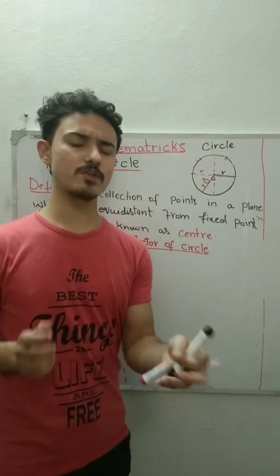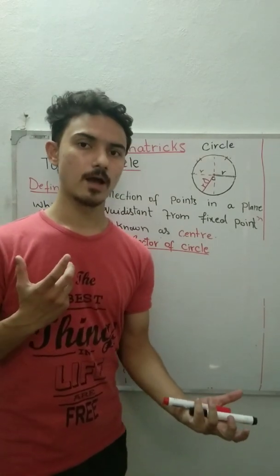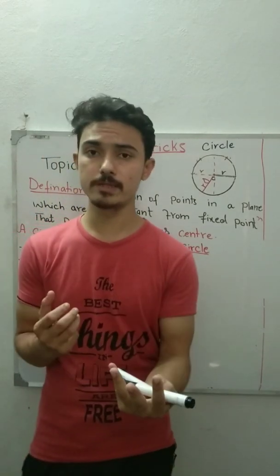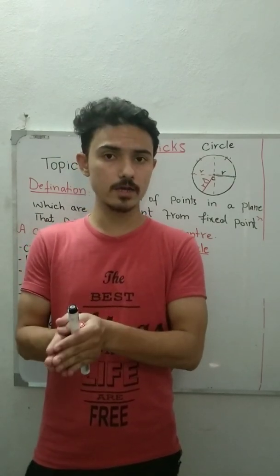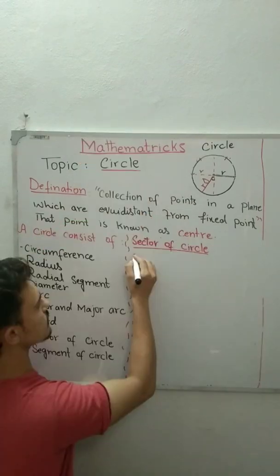This is the sector of a circle. The sector of a circle is one of the very interesting definitions to understand. Let me tell you verbally. The area or region covered by an arc and 2 radii.